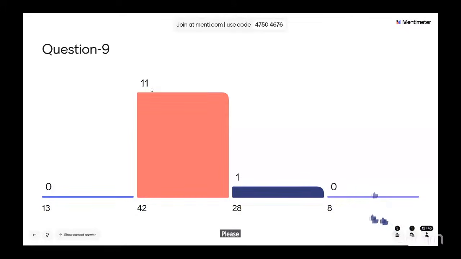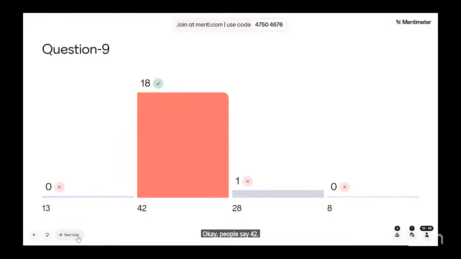Please answer this logically. Okay, people say 42, which is the correct answer again.